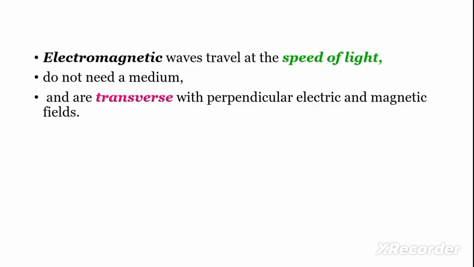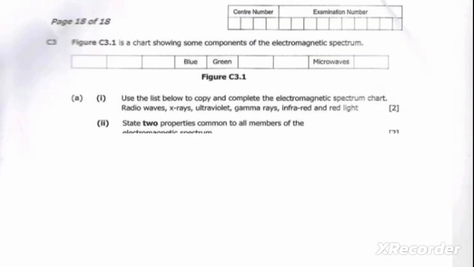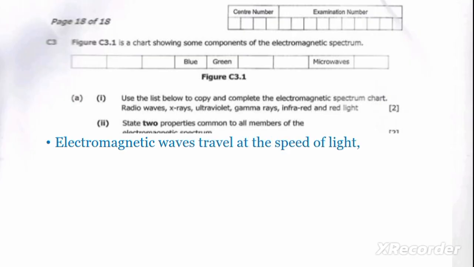Okay, so the electromagnetic waves are transverse waves in nature with perpendicular electric and magnetic fields. So therefore, to answer this question, we are going to say electromagnetic waves travel at the speed of light.